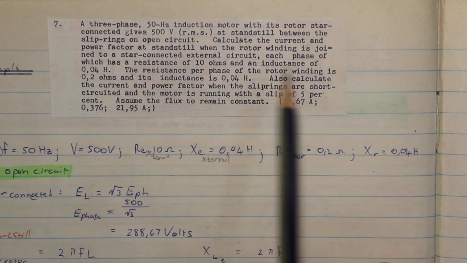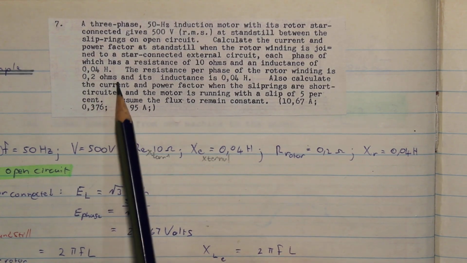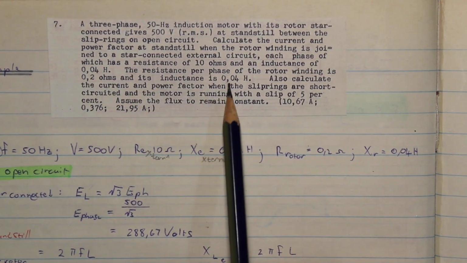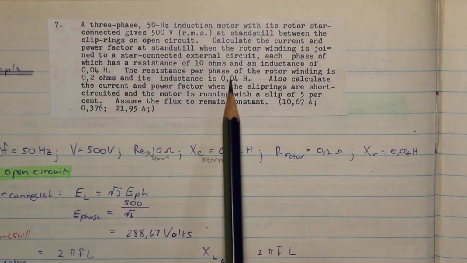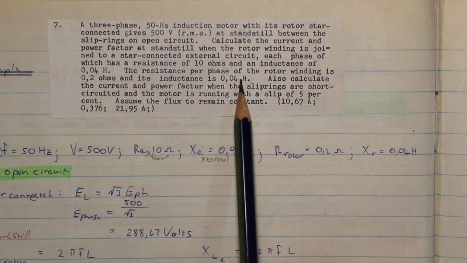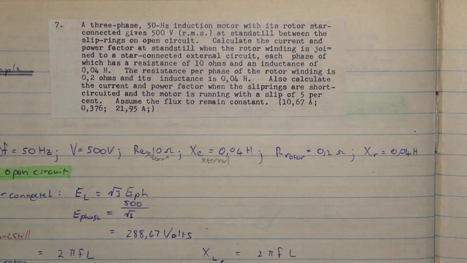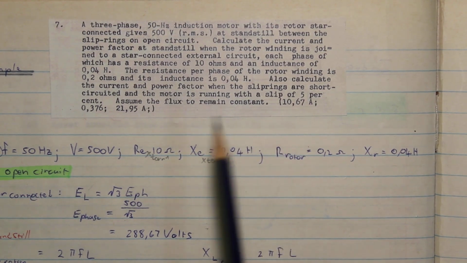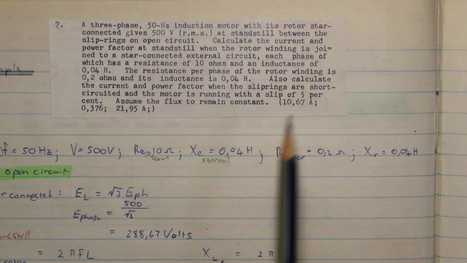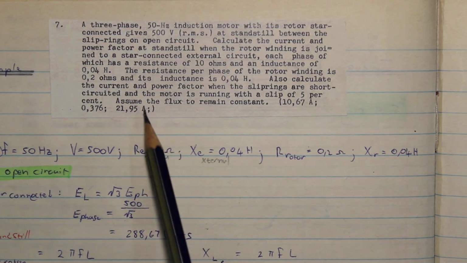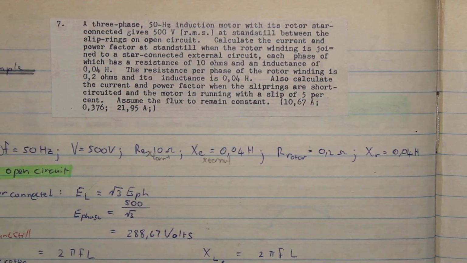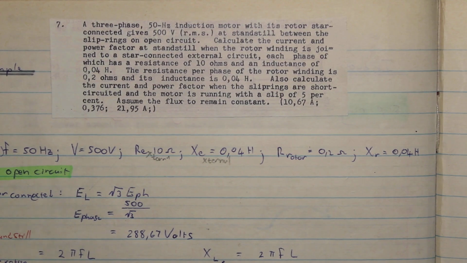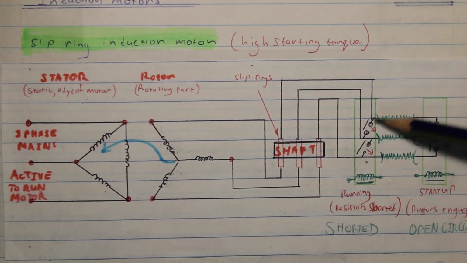The resistance per phase of the rotor windings is 0.2 ohms, and its inductance is also 0.04 henries. Okay, so in this problem, it just happens that both the external resistor and the rotor phase have the same inductance. And then it says also calculate the current and the power factor when the slip rings are short circuited and the motor is running with a slip of 5%. Okay, so that's the second part of the problem, when the motor is up and running and the external resistors are then removed from the circuit because it's at short circuit.